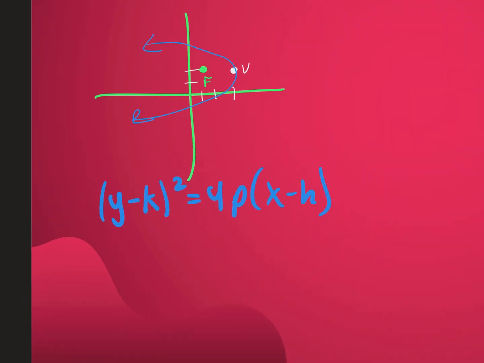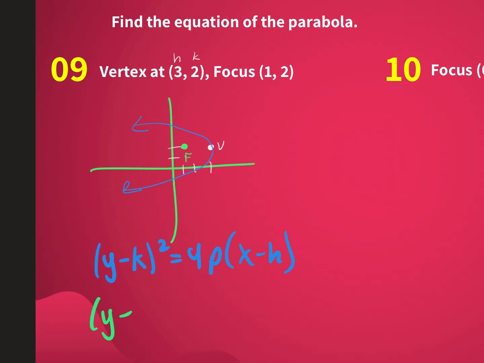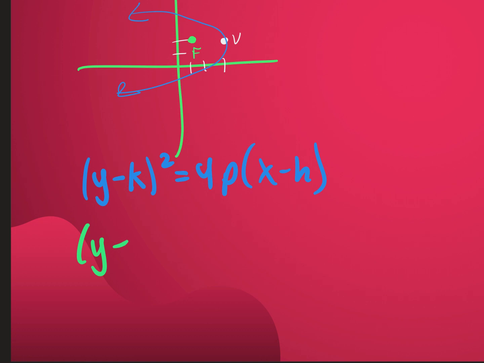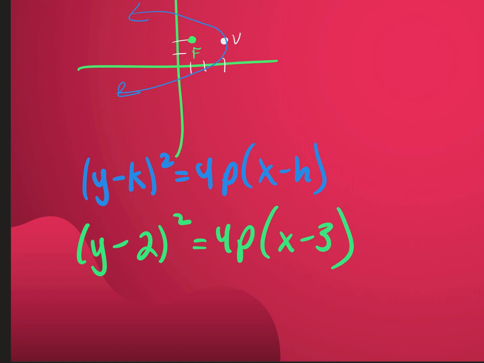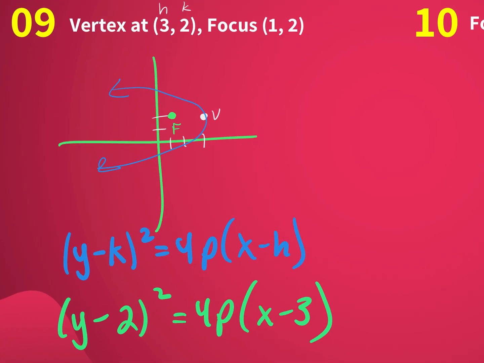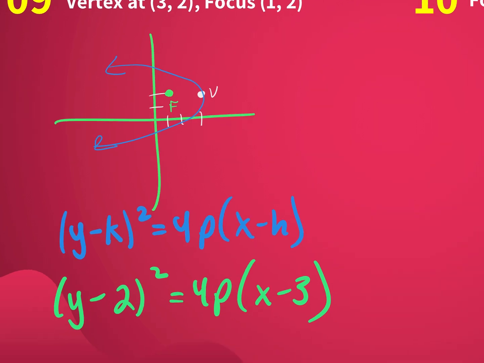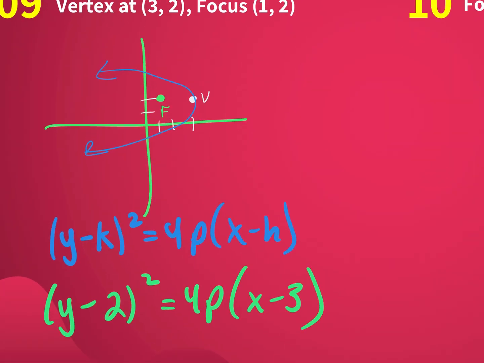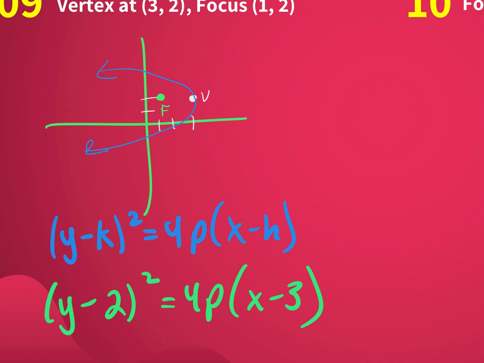When I fill this in, I have y minus, what's my k value? 2 squared equals 4 times p, and then x minus 3. What would happen if something in my vertex was negative? When I plugged it in the formula, it would become what? Positive. Okay, good. So my p-value, well, 2 things. You guys, now that you have a picture, and they're all whole numbers, can you count? How far is it from f to v or v to f? How many units?